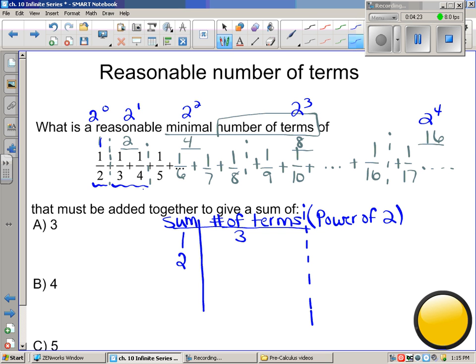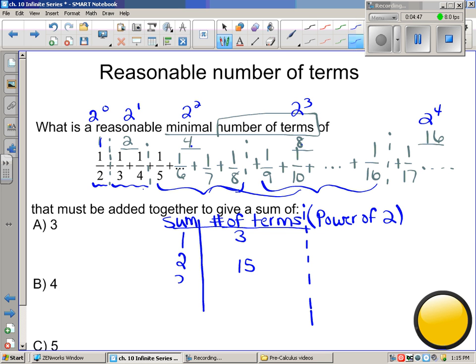I would have to have all 3 of those. And then I would have to have this group here, right? Oops, sorry. I went too far. So I would have to have that group, so that adds 4 more, so that would make 7. And I would need this half to give me another whole 1, right? So I have these 8 terms, the 4 terms here, so that's 12, plus the 3, that gives me 15.